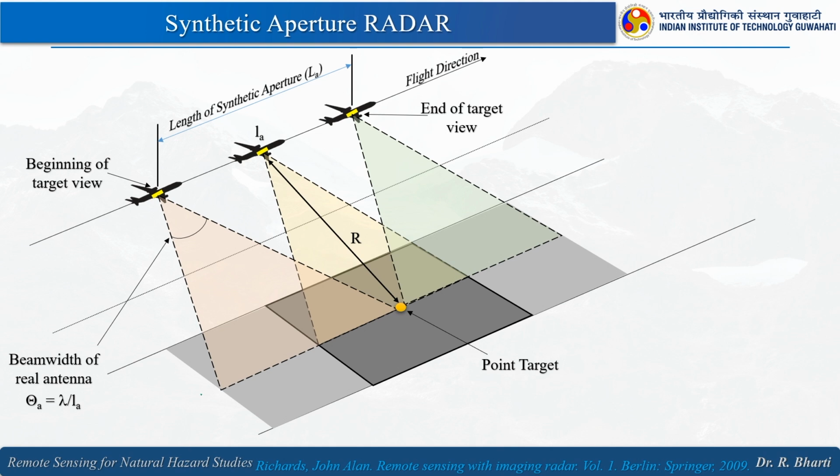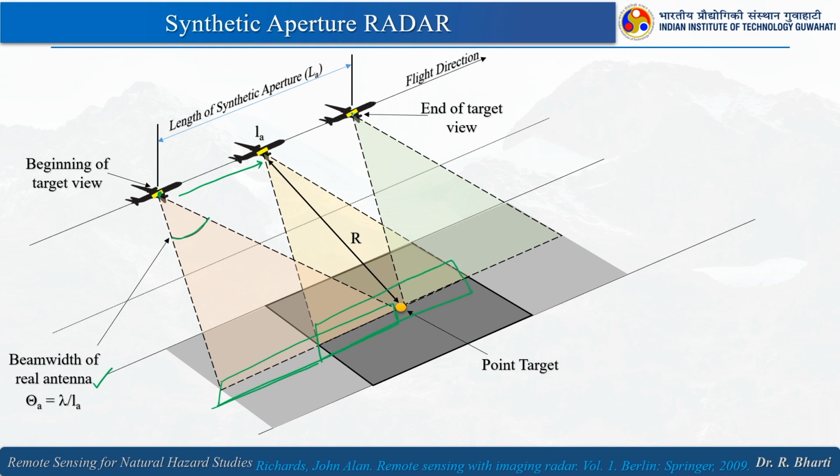Here you can see this is the first scene which is getting generated. This particular airborne microwave sensor is looking at this particular ground with this beam width, the beam width of the real antenna. But when it moves to this position, it measures this particular area.